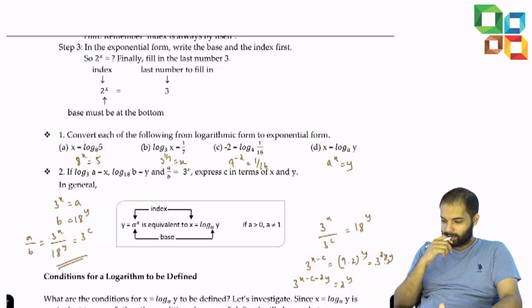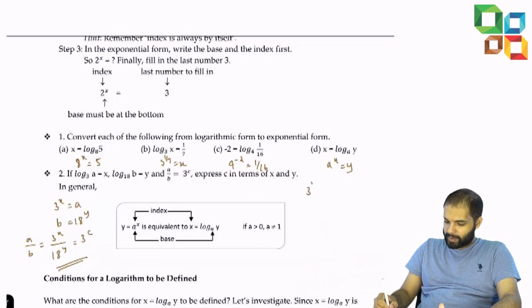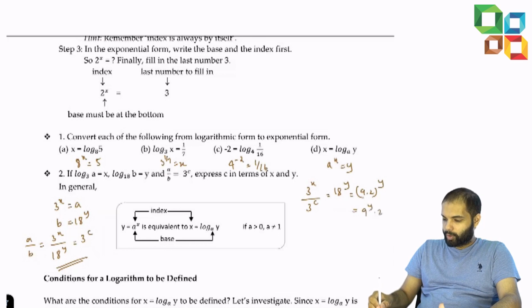I didn't understand that. Okay, let us do it from the start. What I'm doing is getting the 3 terms to one side. 18 to the power y has factors, the same as 9 into 2 whole power y, which is 9 power y into 2 power y, which is the same as 3 power 2y into 2 power y.